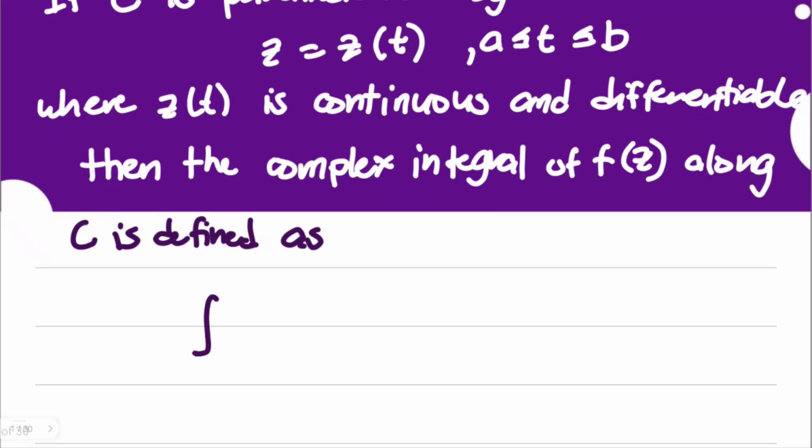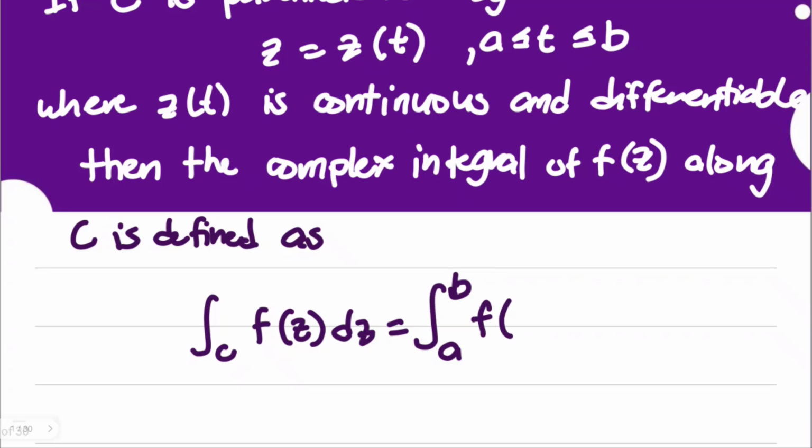It is the integral over c of f of z dz, which is equal to the integral from a to b, the endpoints for your identified curve, of f of z of t times the derivative of z of t dt.